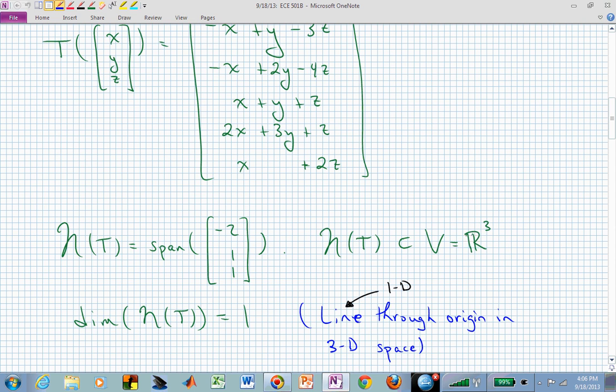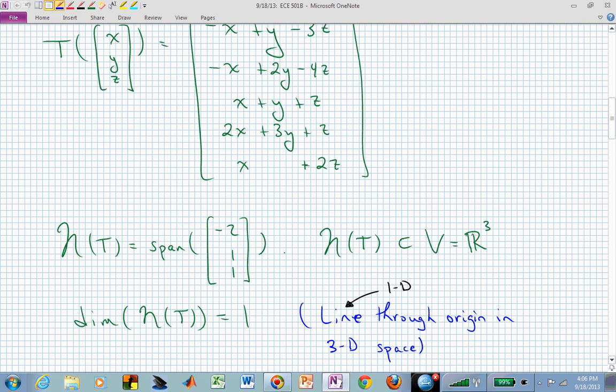So this three-component vector just represents a line which is one-dimensional, but it's in the three-dimensional space. Our domain is three-dimensional. But there's only one line in that three-dimensional space that if you pick a point on that line, it will map to the origin in the codomain's zero vector.